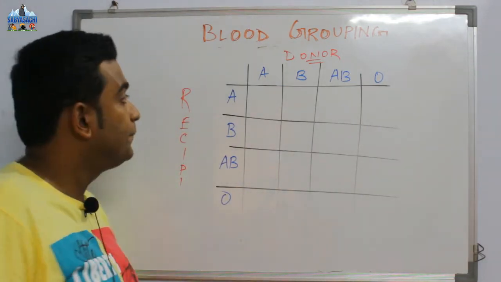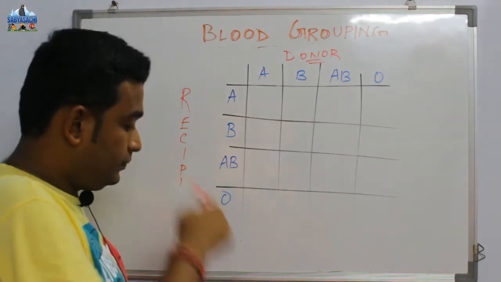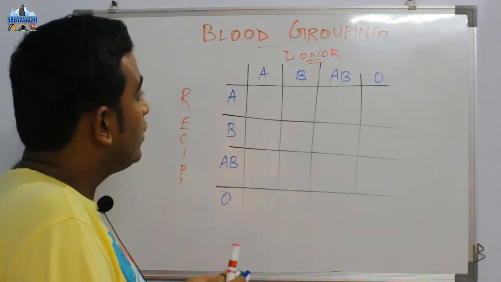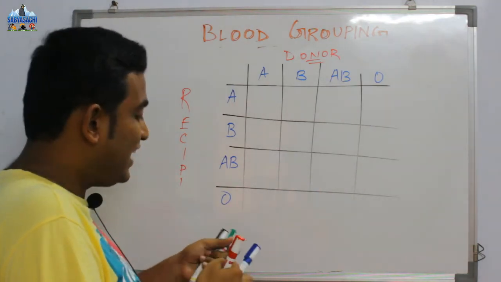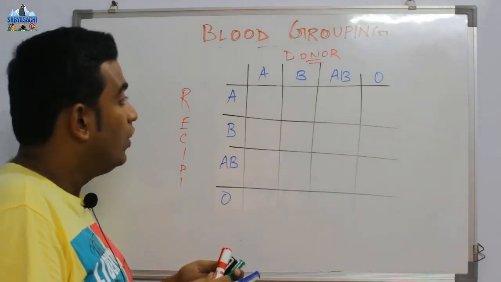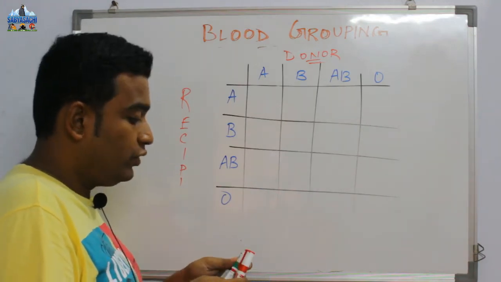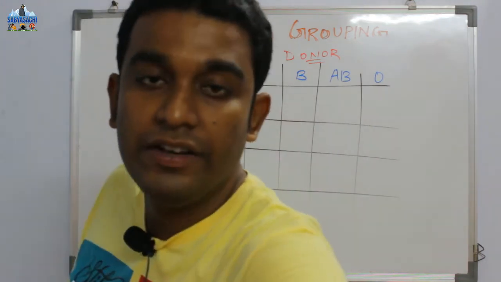Now let's see. We'll use two colors for yes and no. So I'll use red for no, and I will use green for yes. Let's see now.